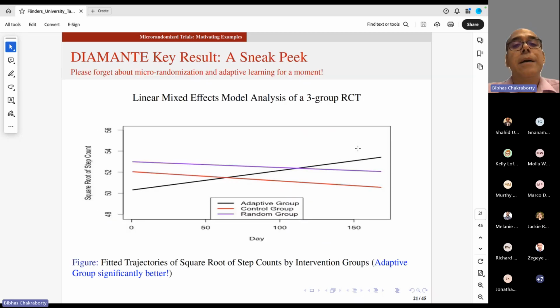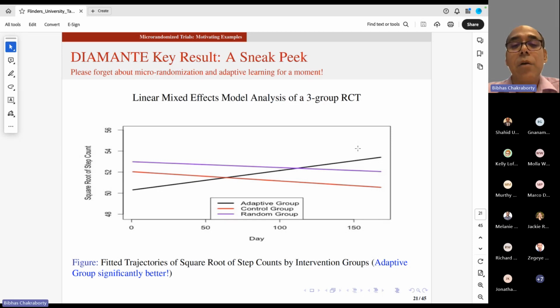Okay, so another sneak peek into the key result from this trial. And for this result, I would want you to forget about micro-randomization and adaptive learning for a moment. Just think of this as a 3-group RCT, right? And here we are doing a linear mixed effects model analysis. And we are seeing the trends here.